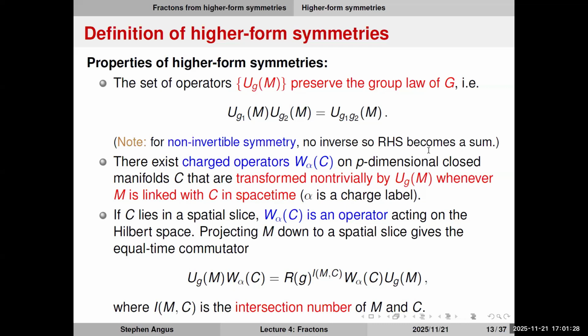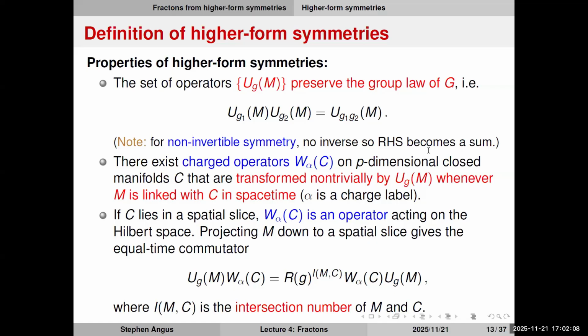If we have this operator WC, the charged operator, and we act with U inverse on both sides, that goes away, and you have U inverse. That's just a unitary transformation of this operator, and this will then give some transformation of the charged operator under some representation of the symmetry group.